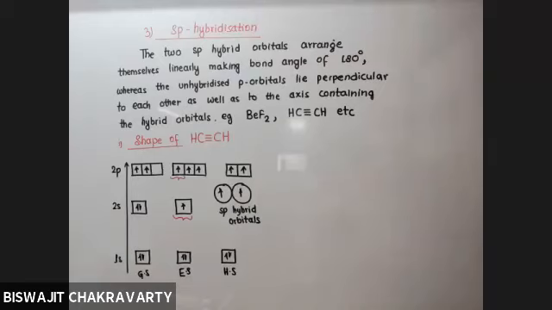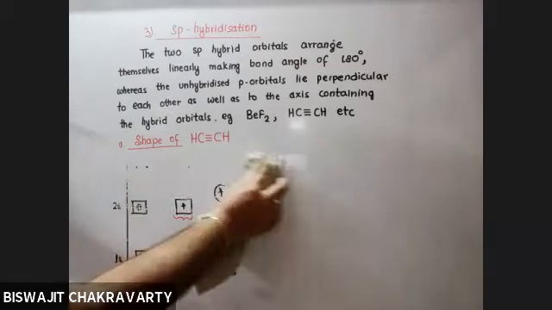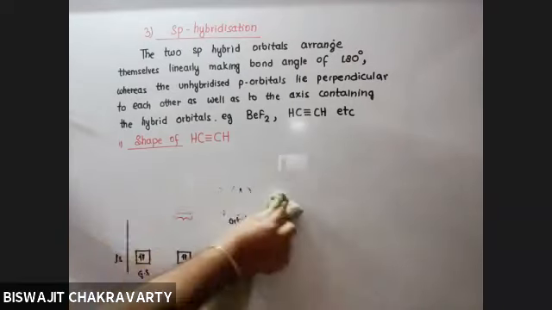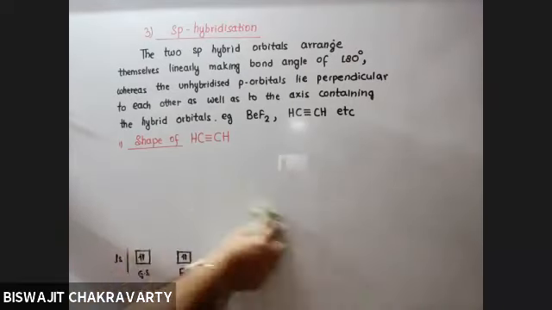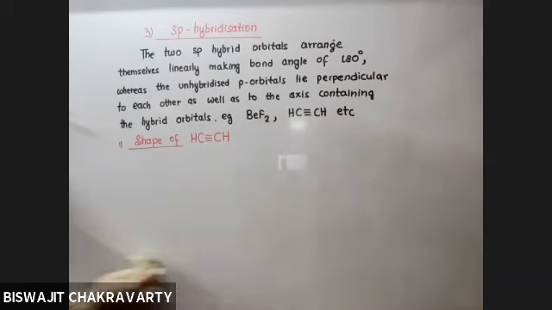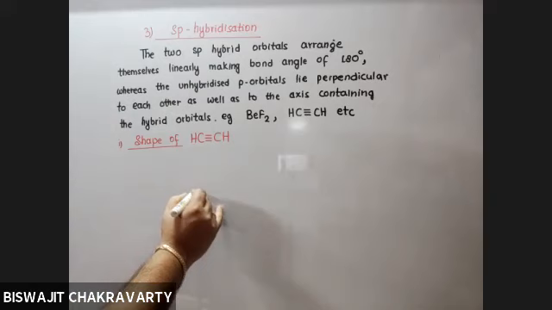Done? Yes, sir. Okay, how many such carbons are there in ethyne? 2. As it is dicentric, for each carbon we have this type of diagram.